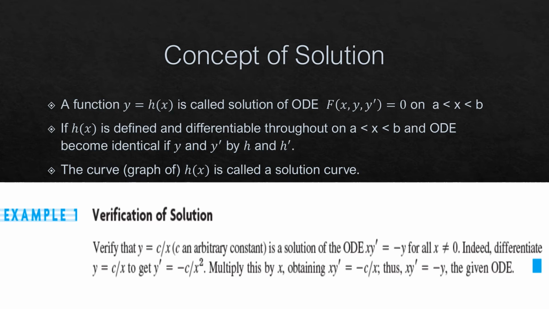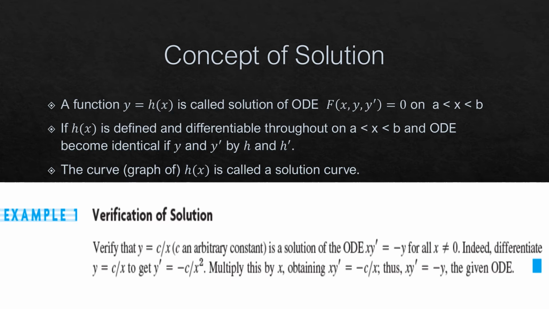Let's do a quick example here: verification of the solution. For example, say the solution of a differential equation is y equal to c by x, where c is an arbitrary constant. Is it a solution of x y dot equal to minus y, for all x not equal to 0?